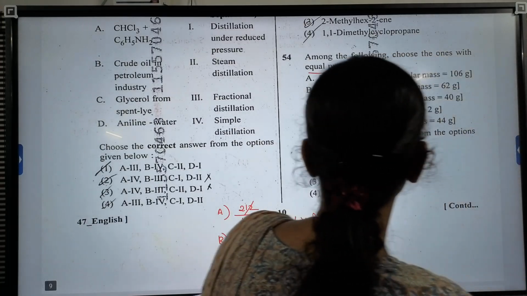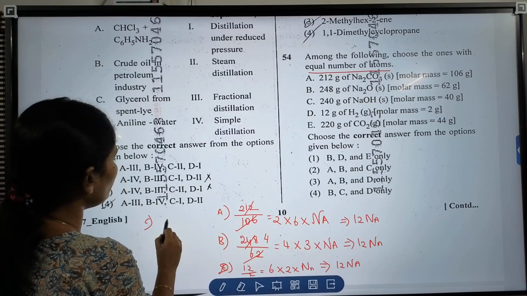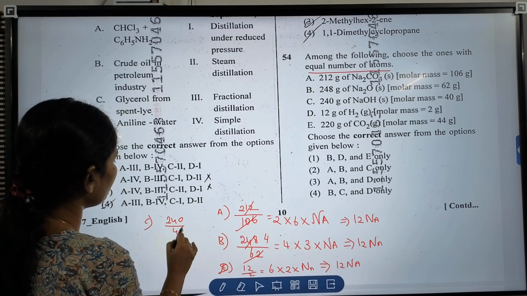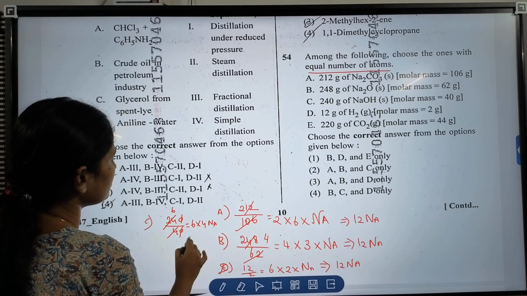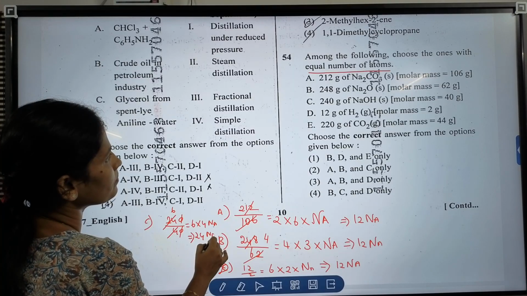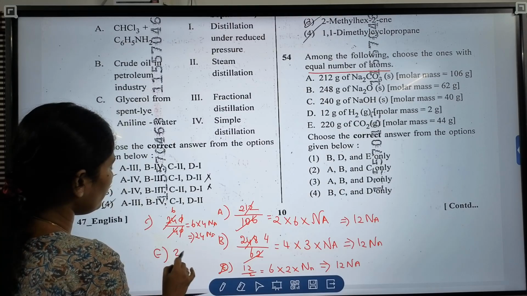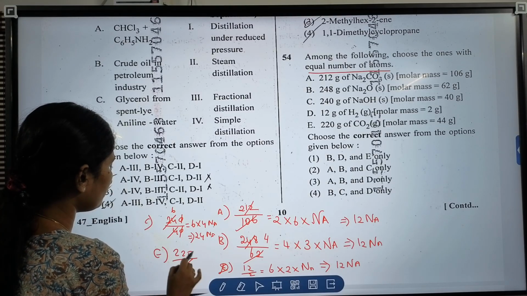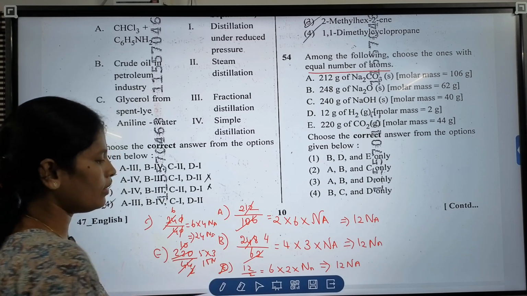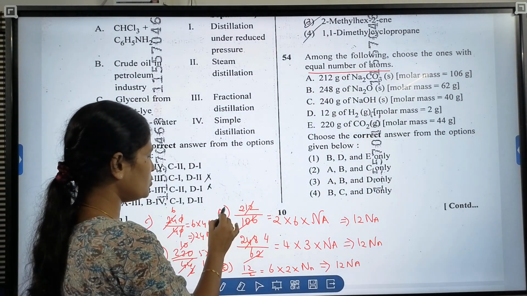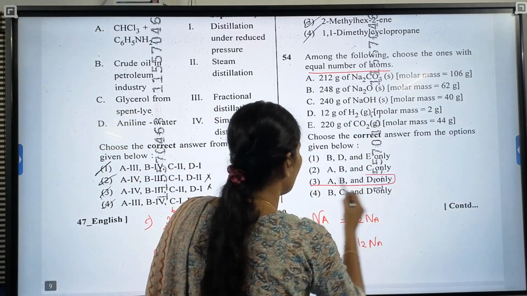Sorry, we missed it, it's D. C here is different: 240 by 40, 6 into 4 Na, so it is 24. 4 atoms will be there like that. So E: 220 by 44, so it is 5 into 3, 15. So the options having the same value are A, B, D only. So we can go with the third option.